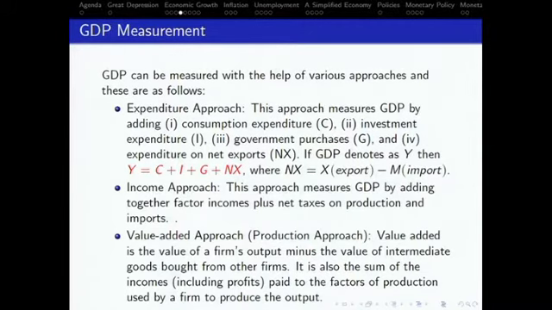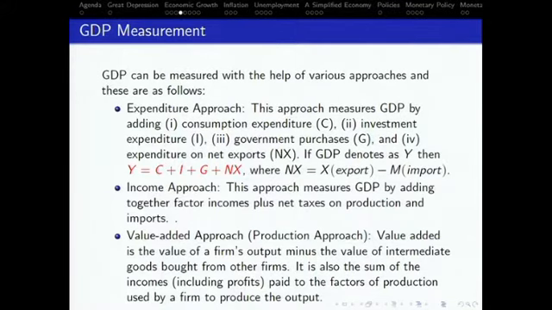Clear? This is the whole idea why they use the expenditure method. Because of its simplicity, this method is very popular. The other methods, the income approach, as I said, or the value-added approach, are very, very complicated processes. So we put it there, but we follow the expenditure approach. Clear? Now, generally, I don't say to memorize any of the equations because mainly these equations are derivative and you need to derive them.